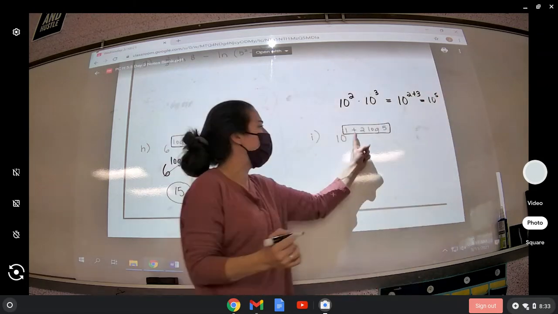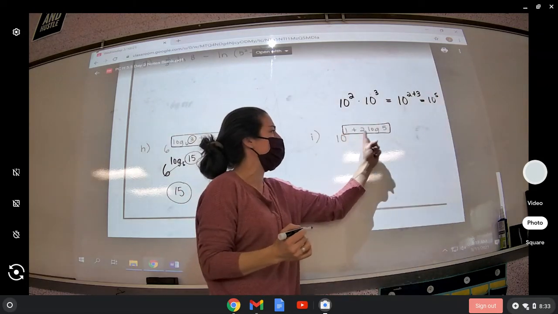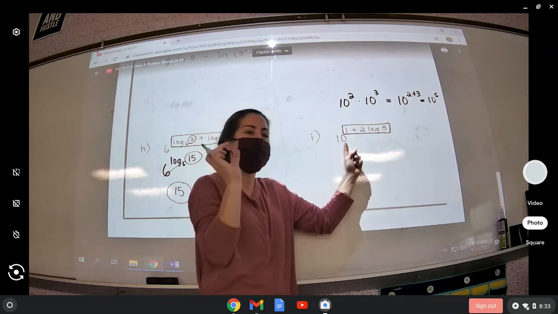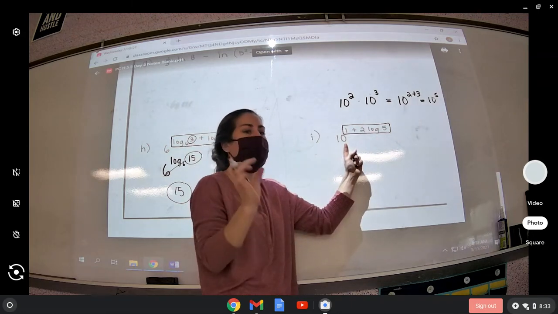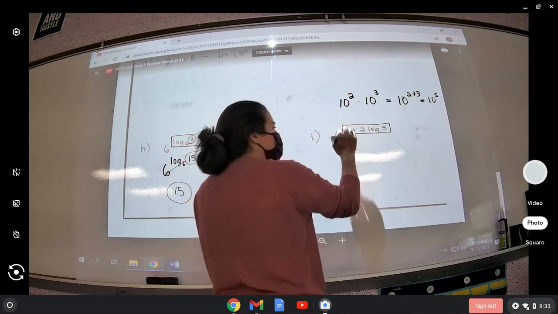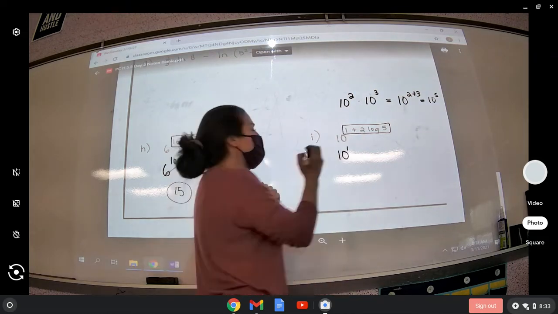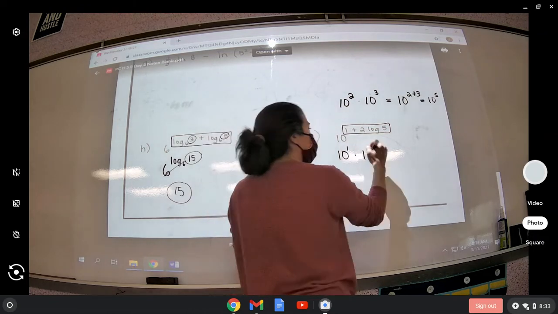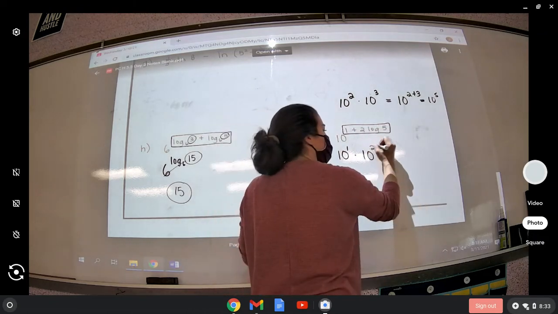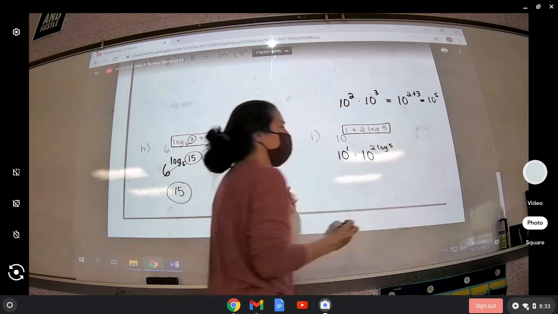So it's the same thing here. If I added this exponent with that exponent, then I must have been multiplying base 10 exponentials. So I can rewrite this as 10 to the first exponent, times 10 to the next exponent, 2 log 5.